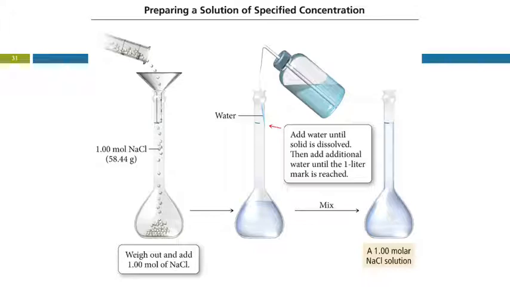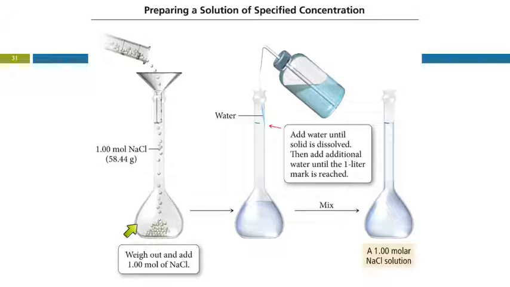So here's an illustration of how you would make a solution with a particular concentration. Here we're trying to make a 1 molar sodium chloride solution. So that 1 molar means 1 mole per liter. So we're going to take a volumetric flask here. This is a special kind of glassware that will hold precisely a specific amount of liquid.